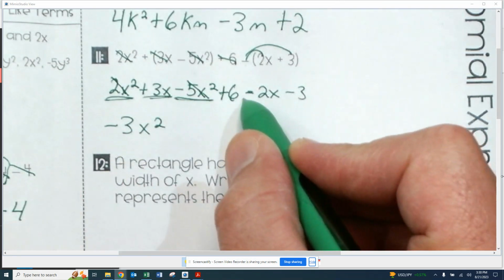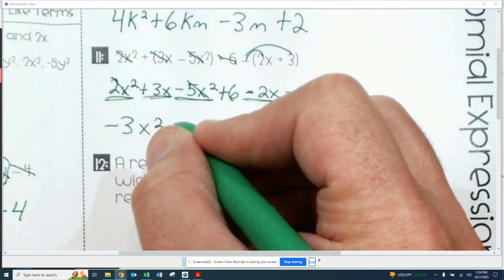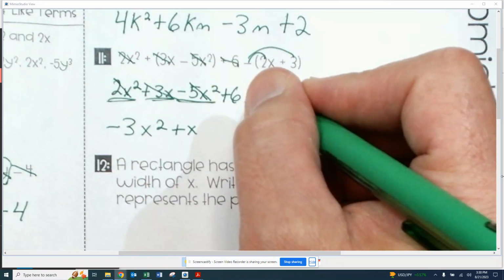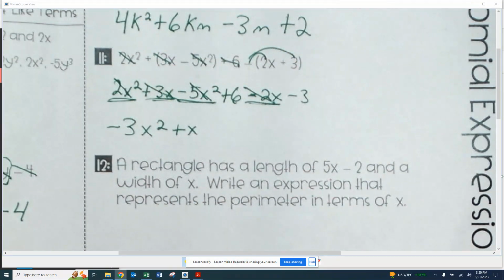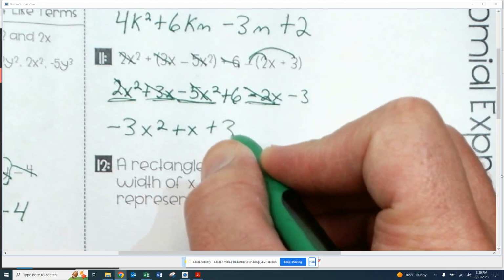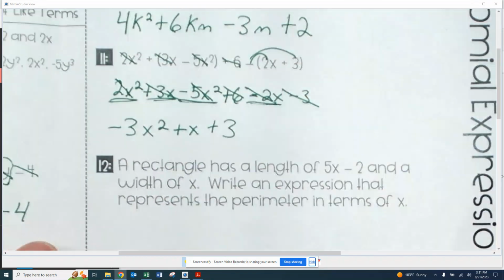It can combine with this negative 2x. 3x minus 2x is 1x. Those go away. What's left is 6 minus 3, and 6 minus 3 is 3. They're done. There's nothing I can combine at this point. This is just an expression, so there is no equals, there's no solving at this point.